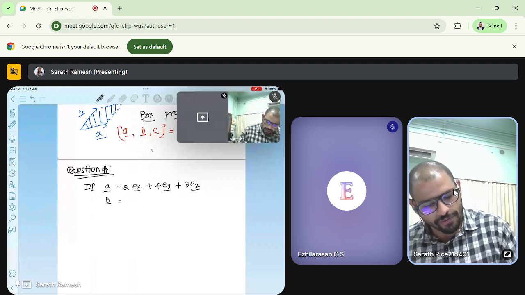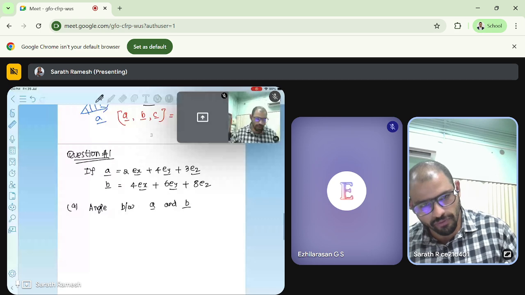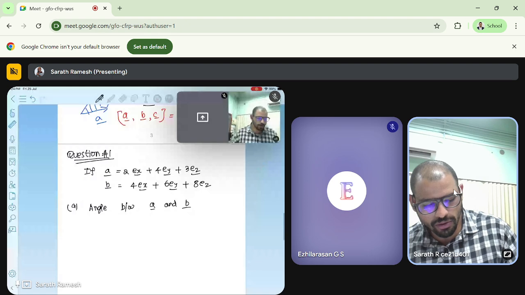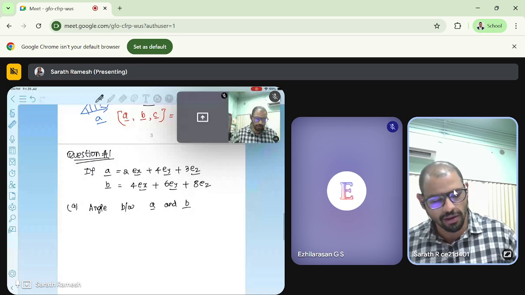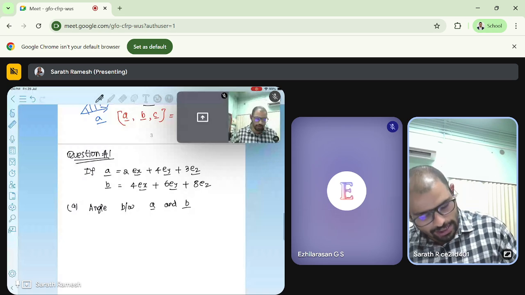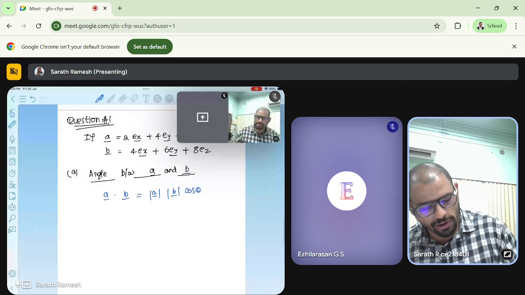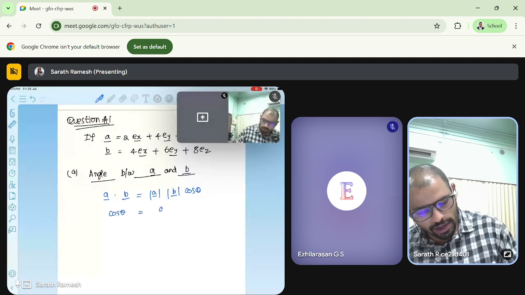From the definition of the dot product, we know A dot B is equal to mod A mod B cos theta, where theta is the angle between A and B. If I want theta, I will keep cos theta alone on one side. So cos theta will be equal to A dot B divided by mod A mod B. Now how will we find A dot B?